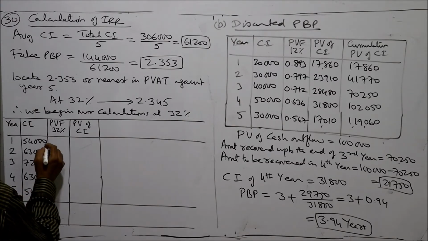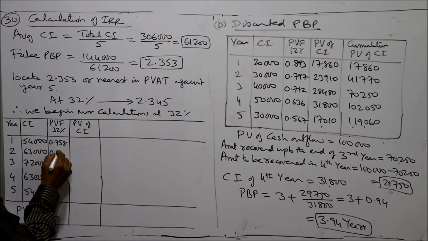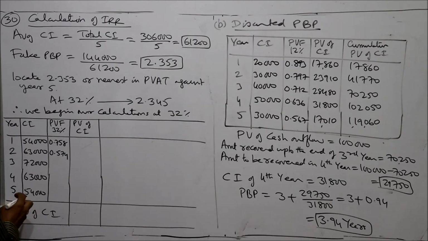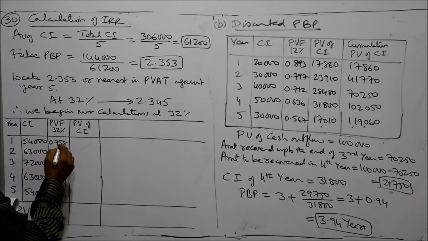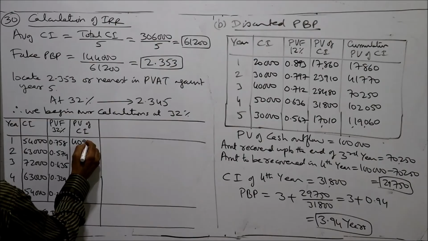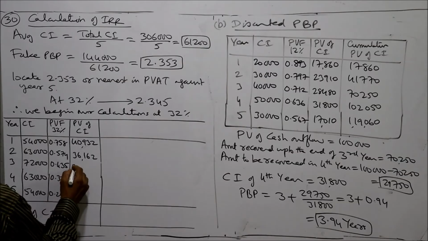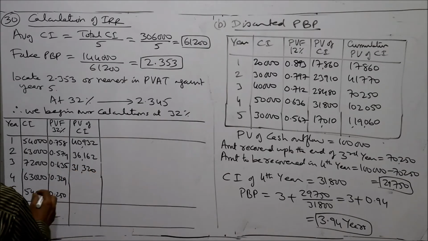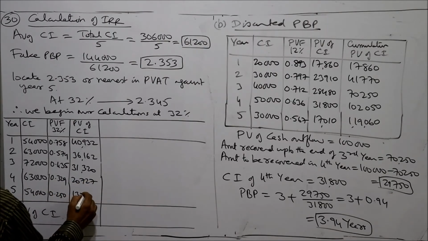And the 32% PV factors are 0.758, 0.574, 0.435, 0.329, then 0.250. Multiply, we get 40,932, then 36,162, 31,320, 20,727, 13,500. Now the total is 1,42,641.